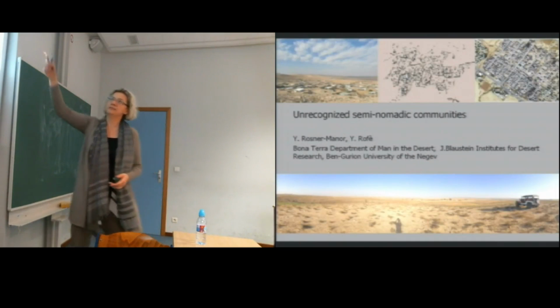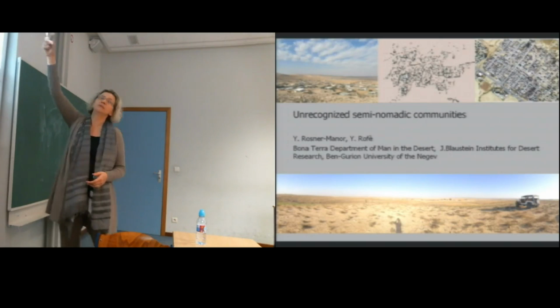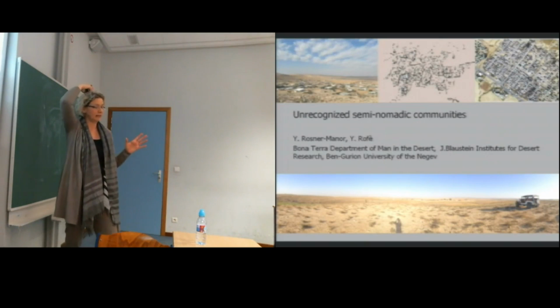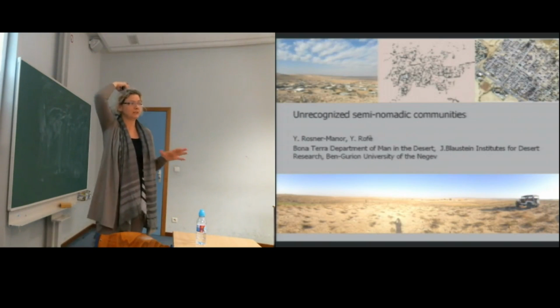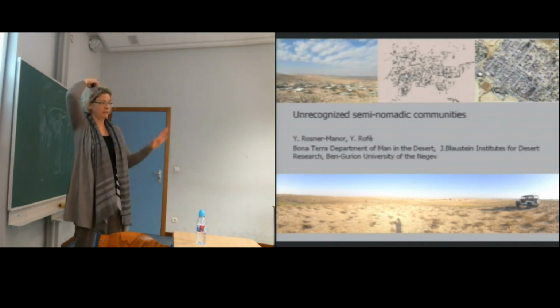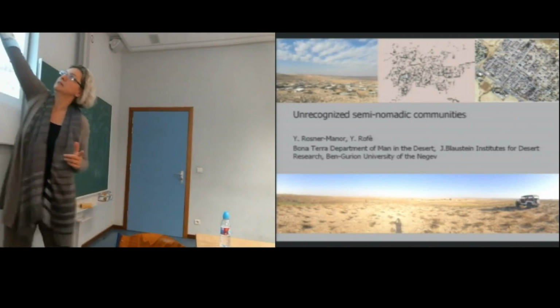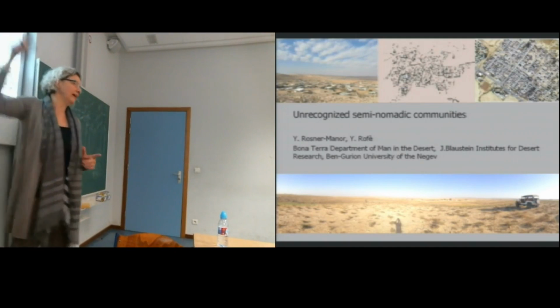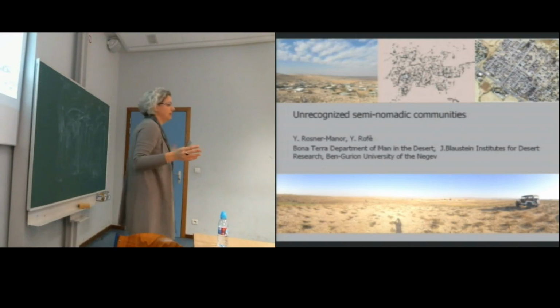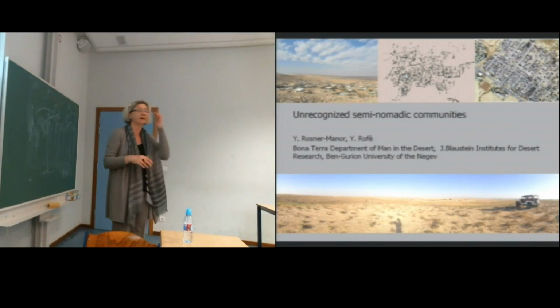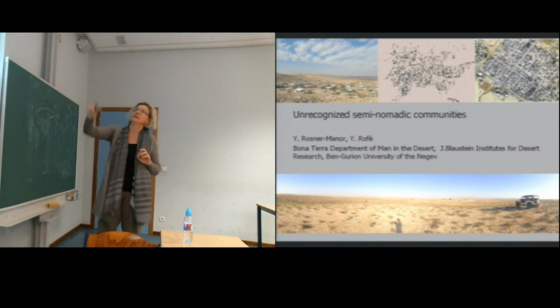The work that was done by Yara Rosner, which is very interesting, she was for a full, I think a couple of years, she was studying all the villages which look like this. So it's really difficult to see there any kind of order. They look like just, someone threw there a bit of broken things.